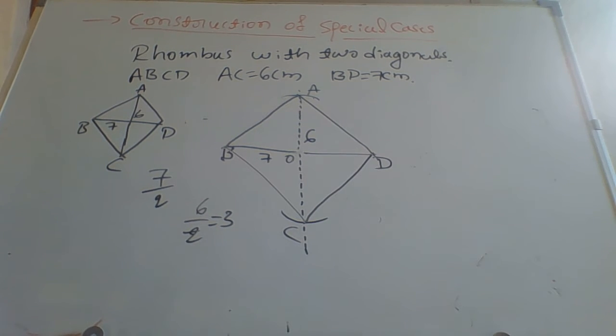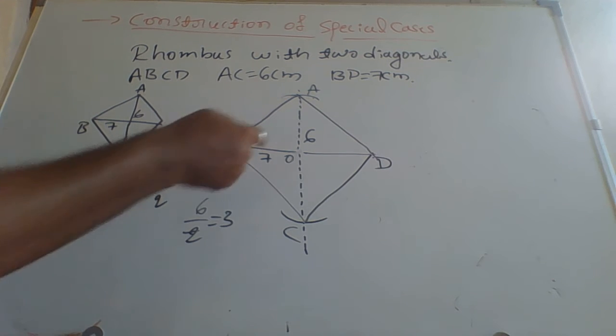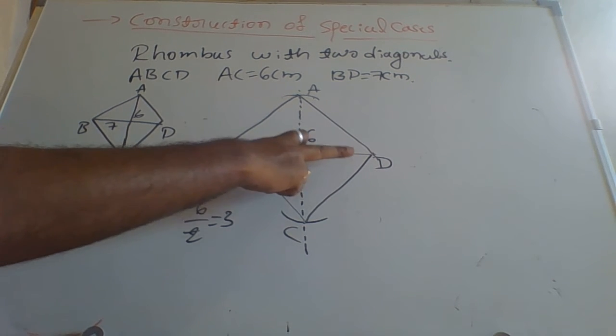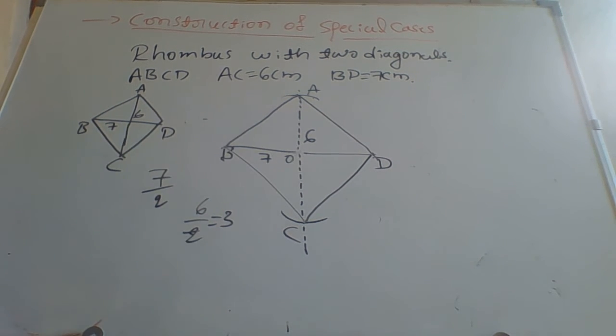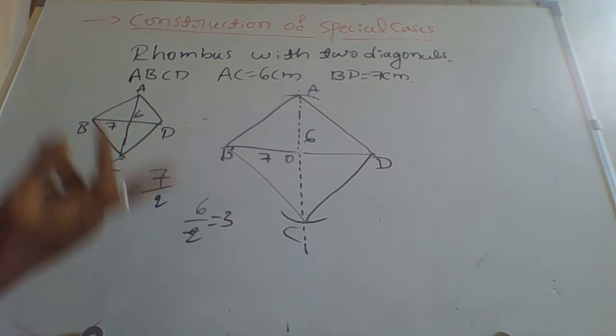By using these two diagonals, how did we construct this? We know the property that in a rhombus the diagonals always bisect each other. So first I draw BD as the baseline, which is 7 centimeters, and consider the midpoint of BD, which is 3.5 centimeters from B or D, because AC will divide BD into two parts.